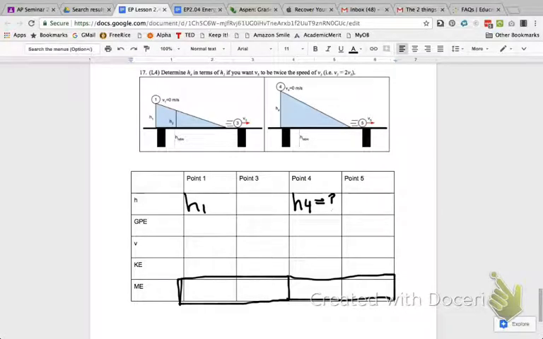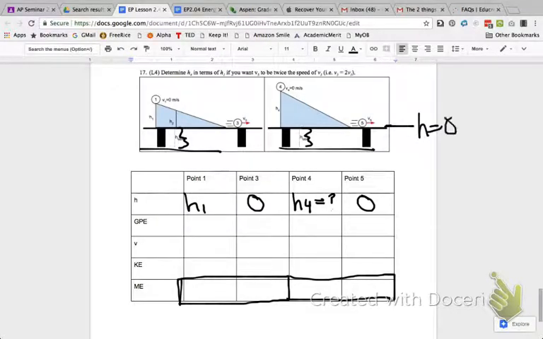And then at point 3, our H is 0, as is our height at point 5. And since we have this height table, but it's the same for both situations, since these heights of the tables are the same, we can just set that our height equals 0 at the top of the table.